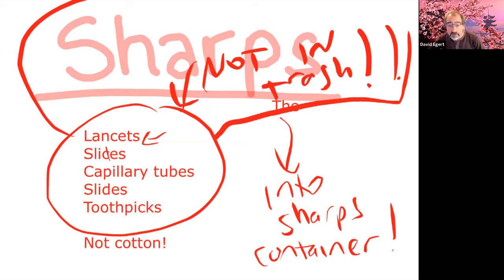There are a lot of bloodborne pathogens that can make you really sick or kill you. It's not just bad technique to put a sharp in the trash, it's unethical, because you are putting some random person at deadly risk of disease.